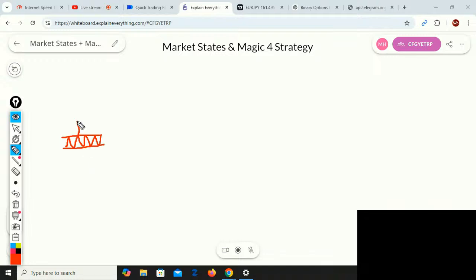So this is your narrow state. The market in this case has only two things to do. Either go to a wide state to the upside or to a wide state to the downside.